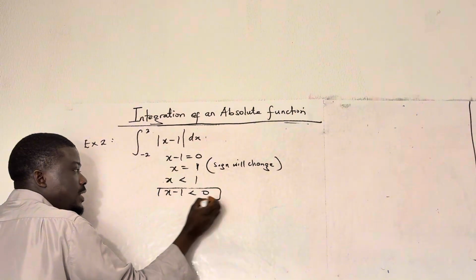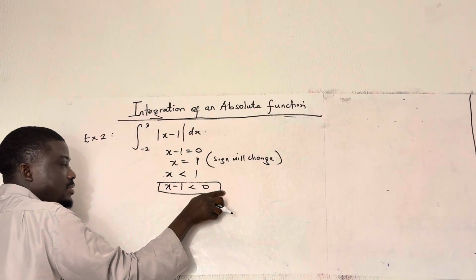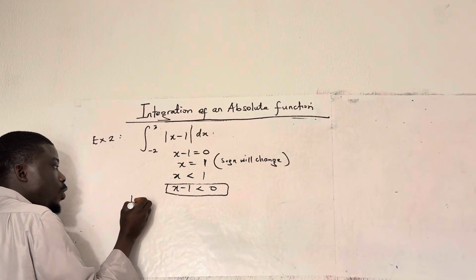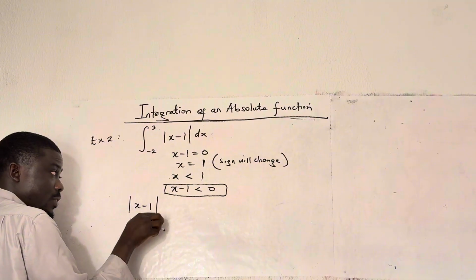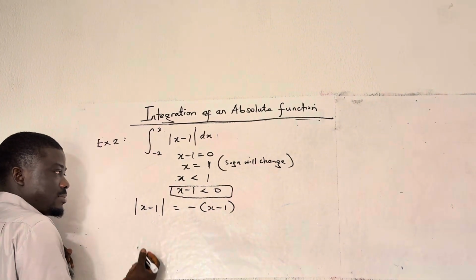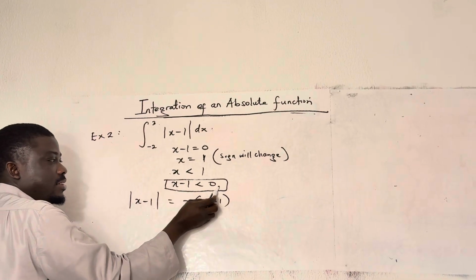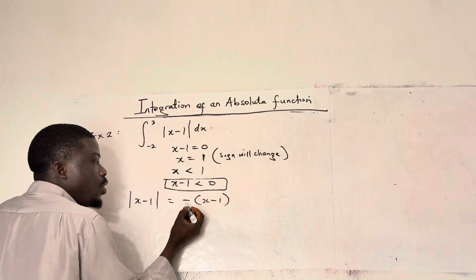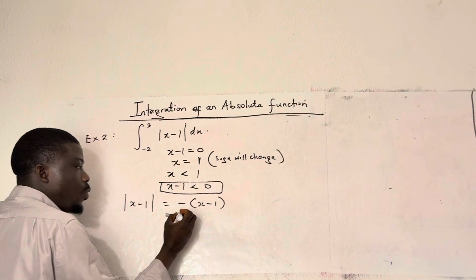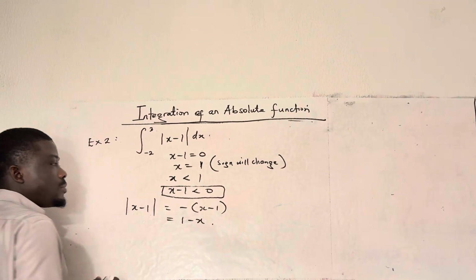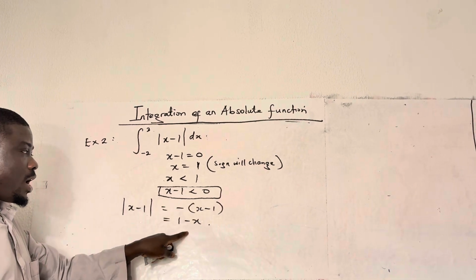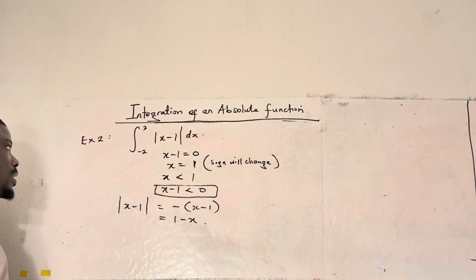At this point, the absolute value of x minus 1 will be negative, so that will be equal to minus x minus 1, which can also be rewritten as 1 minus x.